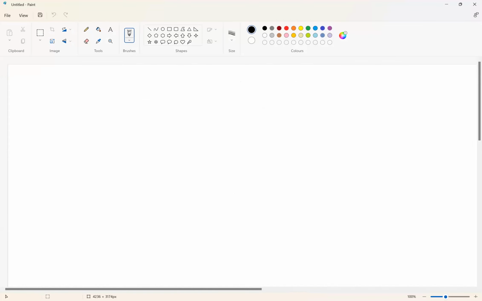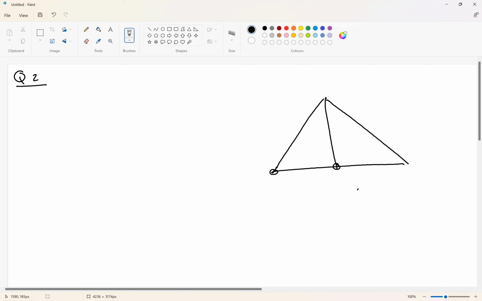So we have question number 2. In this question we have 5 members of this truss and 4 nodes.